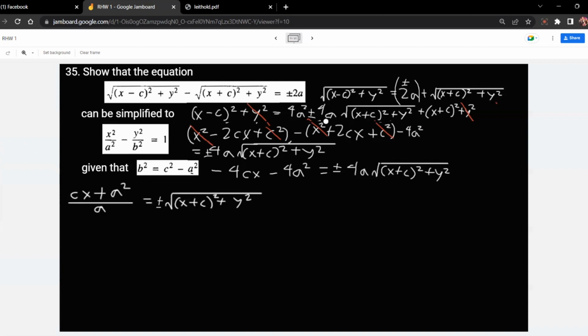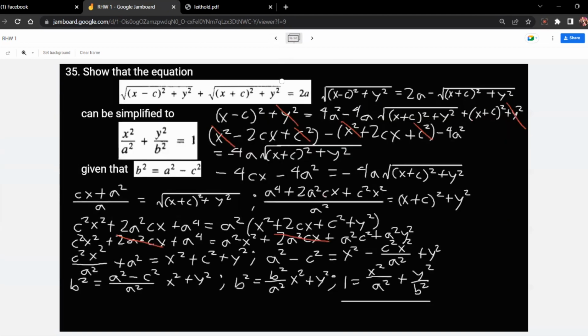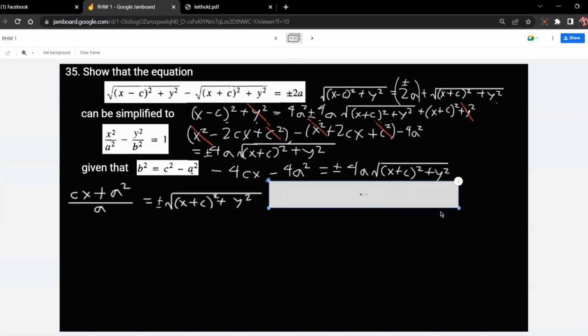X squared times 1 minus c squared over a squared plus y squared equals a squared minus c squared. Wala, suspicious po talaga.